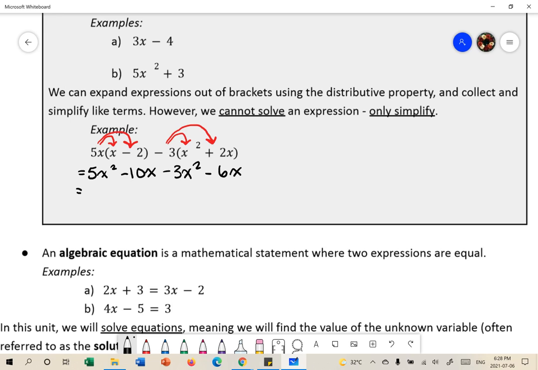After we distribute and expand out of the brackets, we're going to collect like terms. I'm going to write my x squared terms beside each other, and then my x terms beside each other. And then finally simplifying like terms.